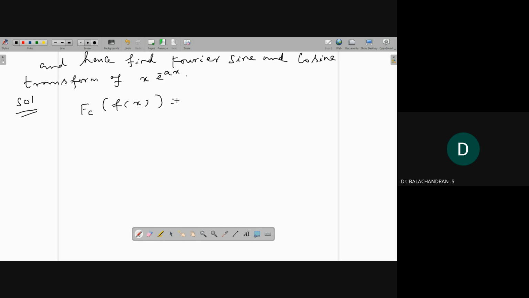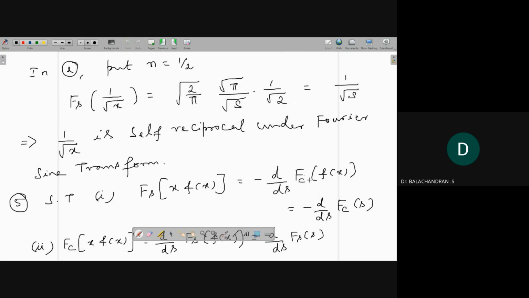By definition, Fc of s, which is Fc of f of x, is equal to root 2 by pi integral 0 to infinity f of x into cos sx dx.